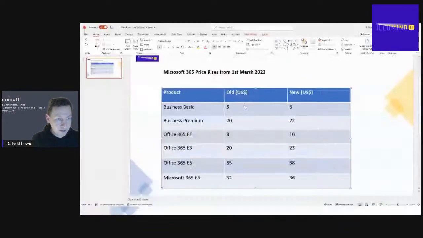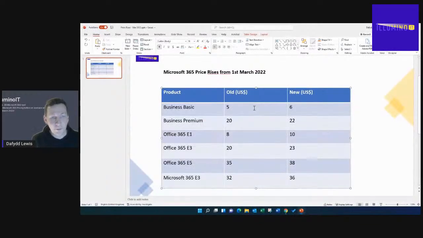So we put these in US dollars because these are the price rises that we've got for sure. And depending on prevailing currency rates, etc., these could change slightly when it comes to the prices that are going to be set for the UK. So this is why we've put them in this mode for you for the time being.